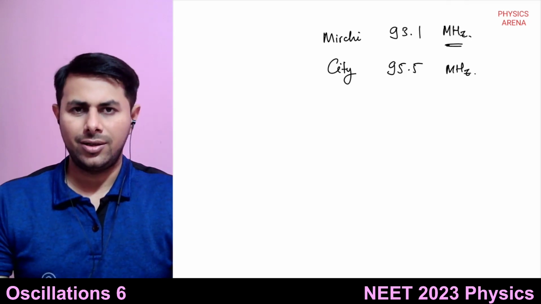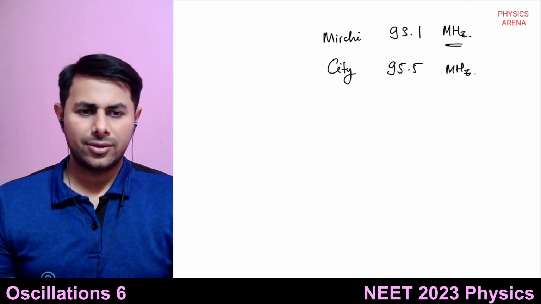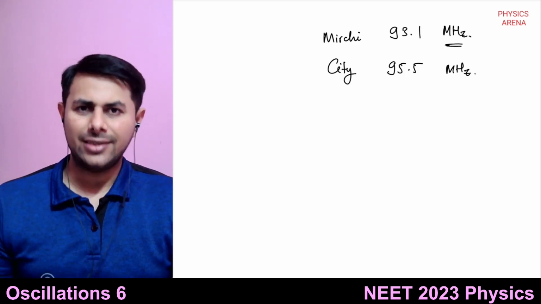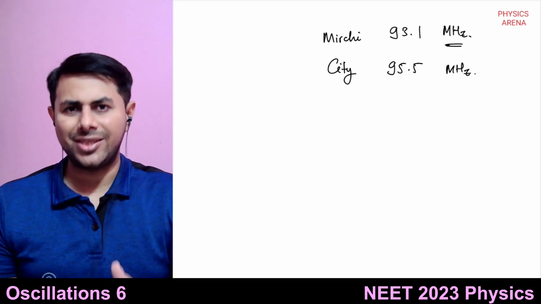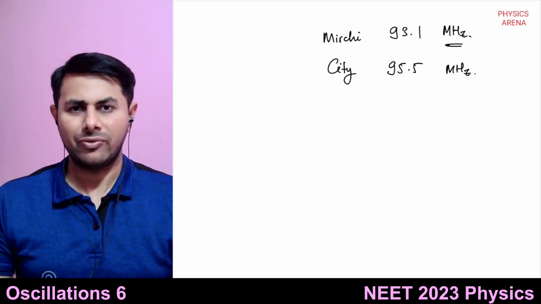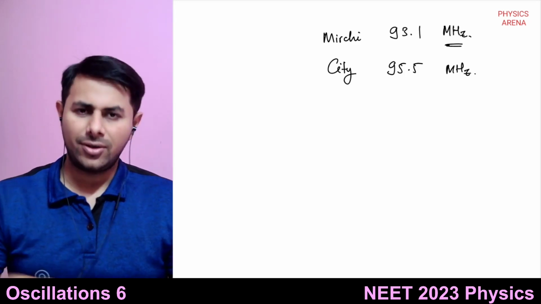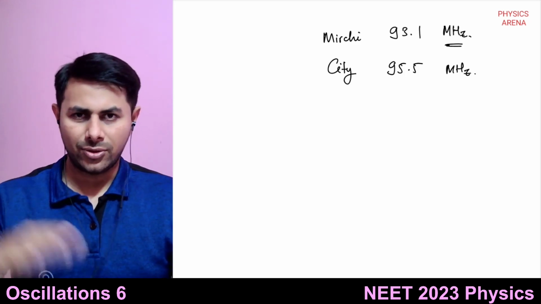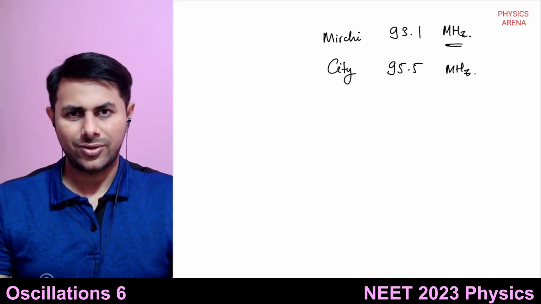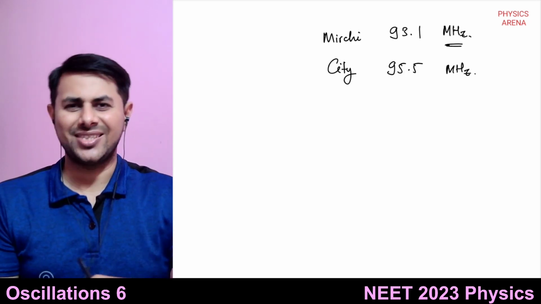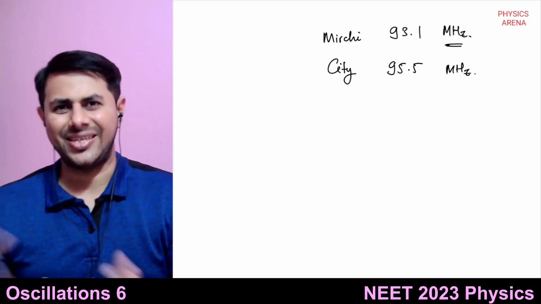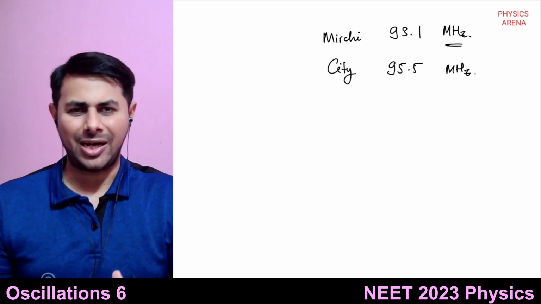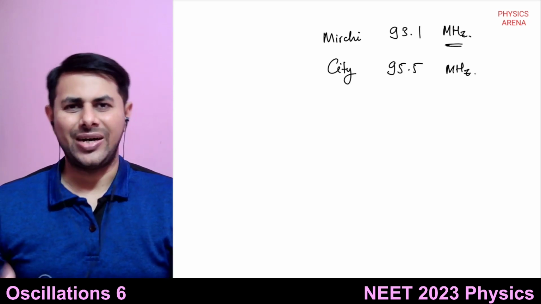Have you heard that soldiers are asked to break step when they are moving on a bridge? When soldiers cross a bridge, whenever they walk like this, left right, this is their marching. They are advised to break the steps of marching. Why so?